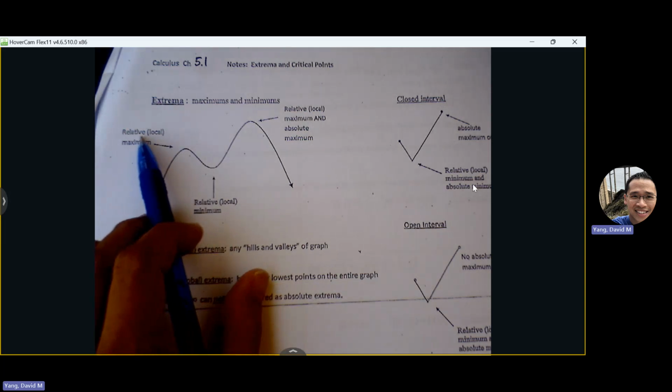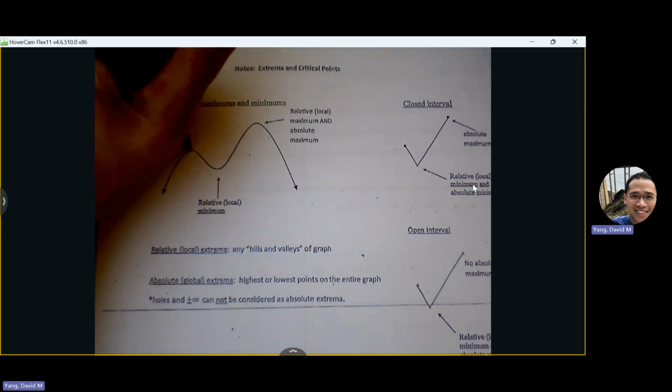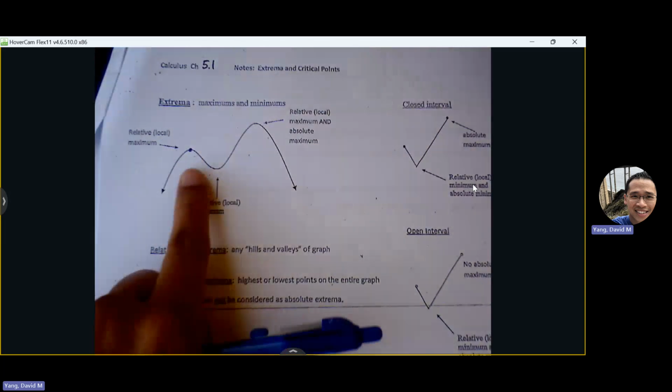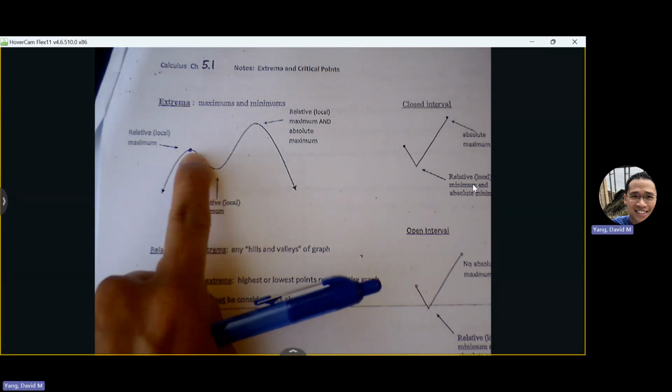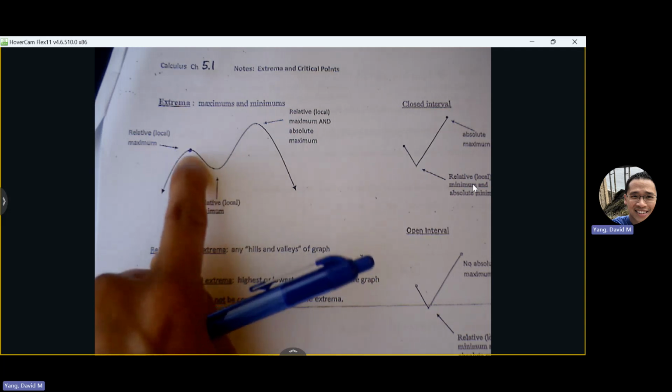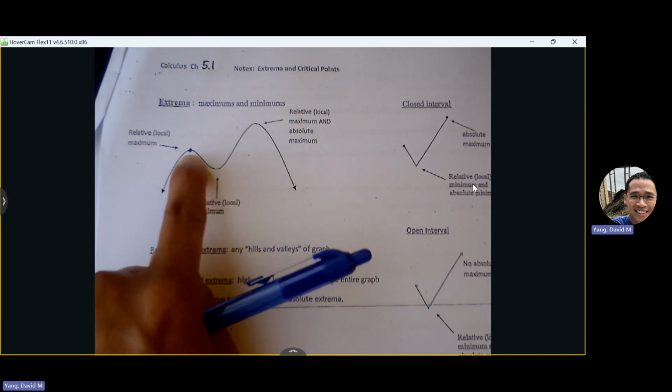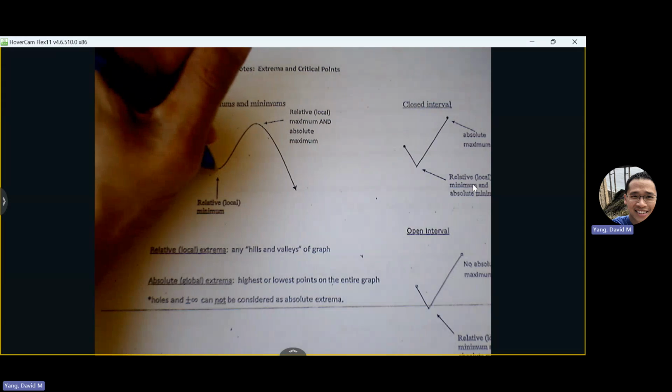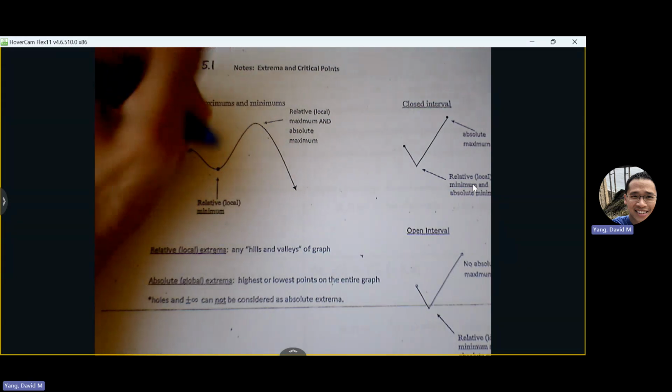The reason we call it relative is because any maximum that you find is higher than the points immediately to the left and to the right. So relative to that region, it is the maximum value. And here, this point within the immediate regions next to it is the lowest point.